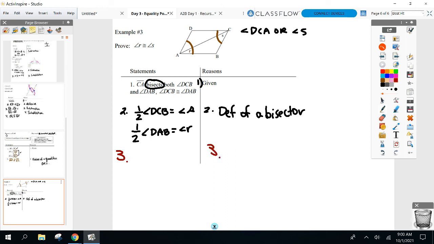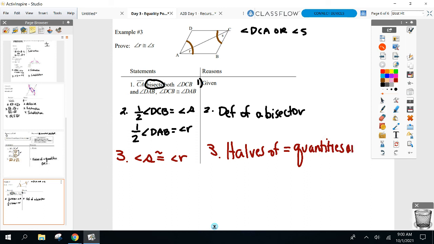What should we know about angle S and angle R then? They're congruent now because I'm taking half of DCB and DAB, which are equal. So their halves are congruent. And this is halves of equal quantities are equal.